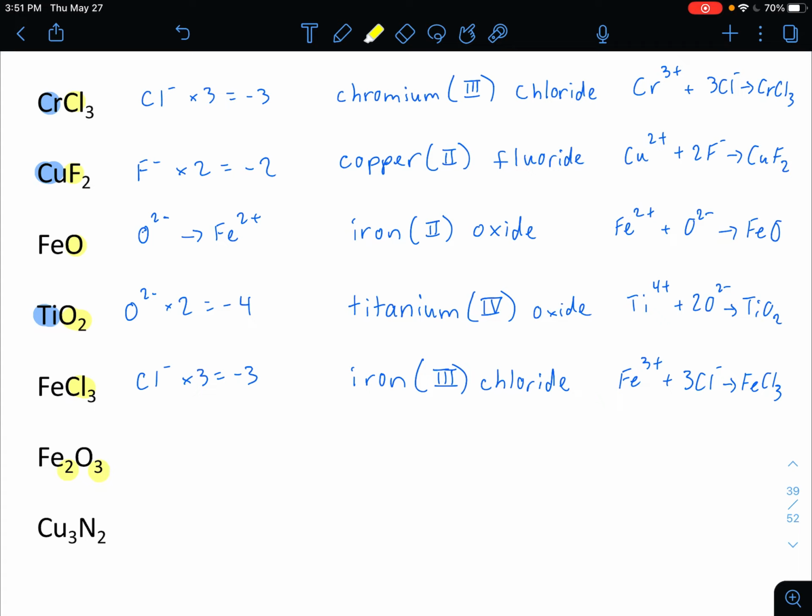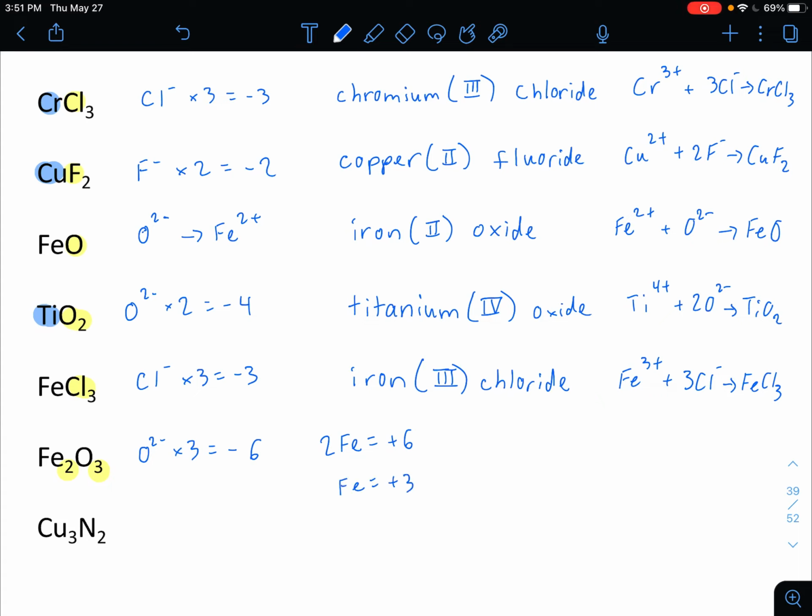So the approach is still going to be the same, right? I'm going to say I have oxygen 2 minus, and there's 3 of them, so that's -6. But now I've got 2 irons to counteract that -6. So really that means 2 iron equals +6, right? Whatever the total negative charge is, the total positive needs to counteract that.